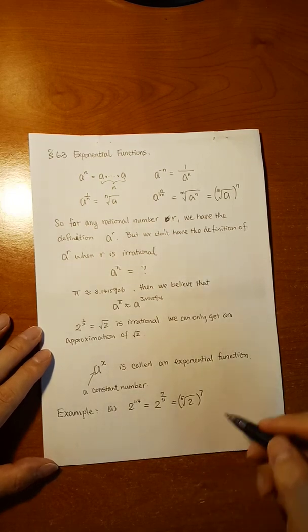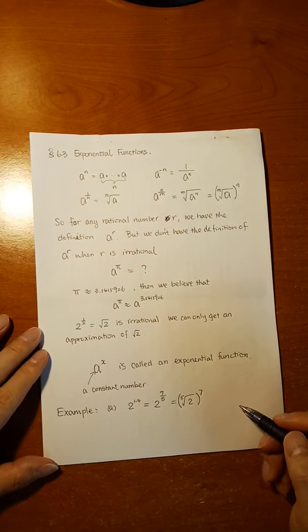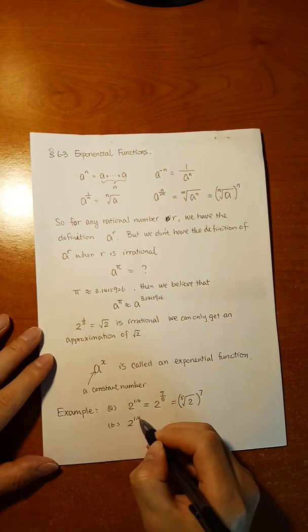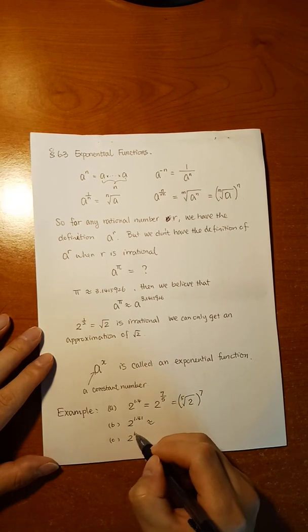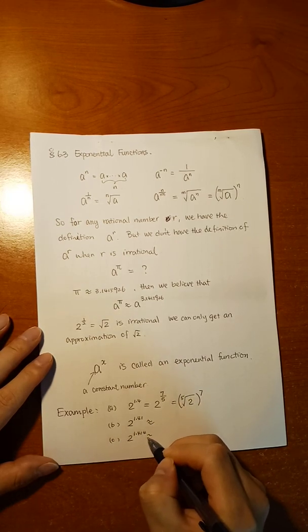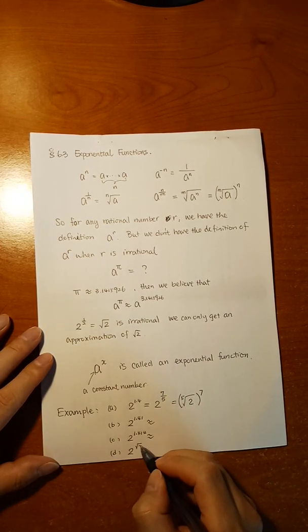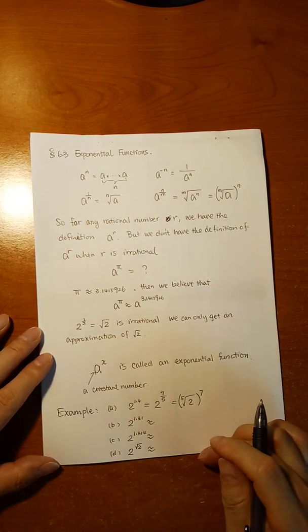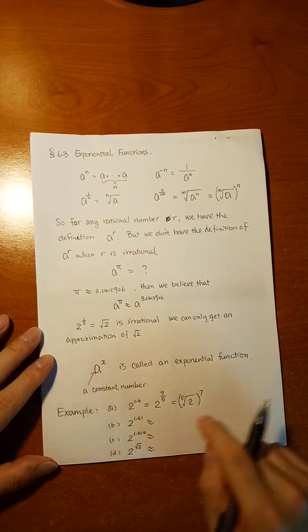So you can use a calculator to get an approximation, right? And you can get the estimation of this value, just based on the calculator. We don't do the computation by hand for those types of numbers.